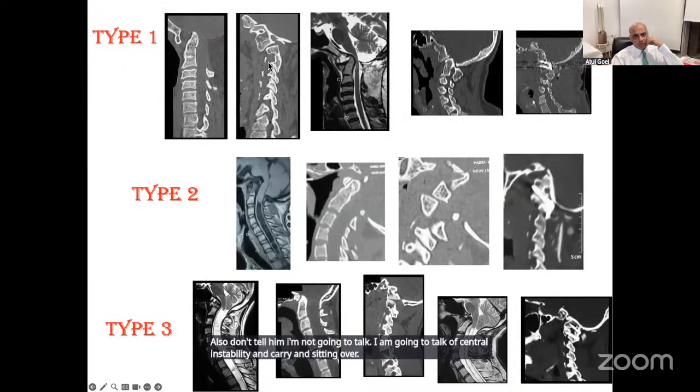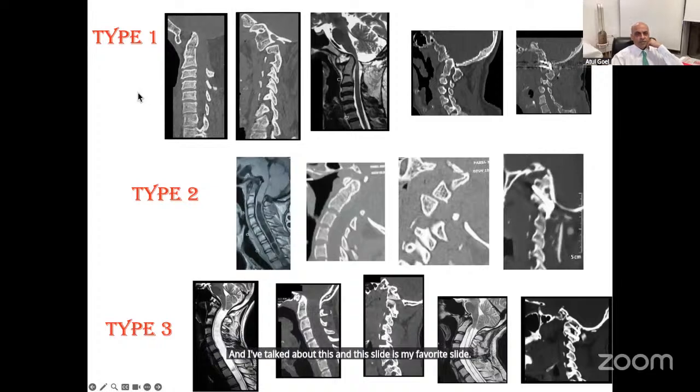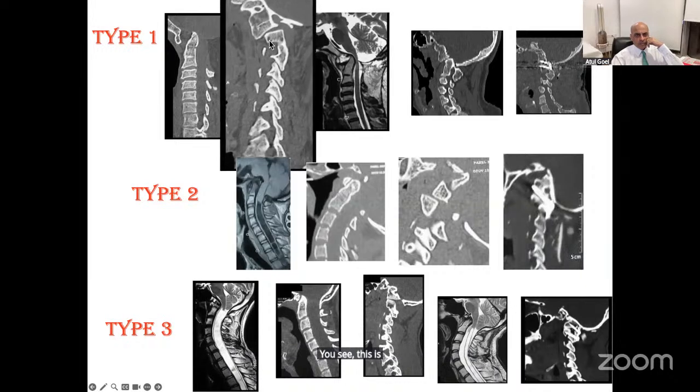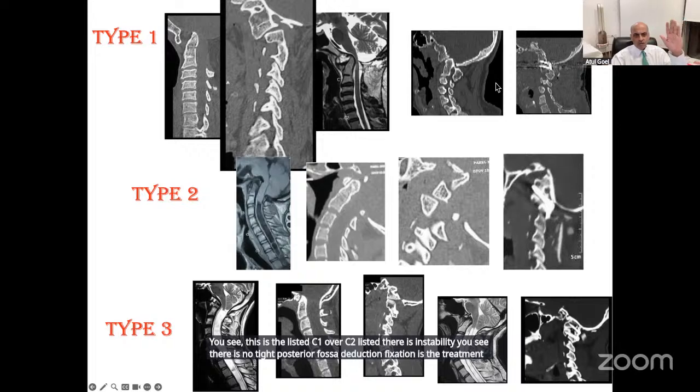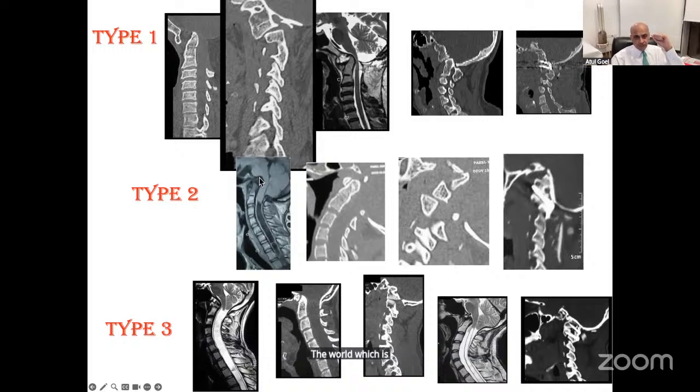As I have talked about this, and this slide is my favorite slide, you see this is the listhesis, C1 over C2 listhesis. There is instability. You see there is no tight posterior fossa. Reduction, fixation is the treatment. This is now understood. Most of the world is now doing this. The world which is not doing what is in this case.